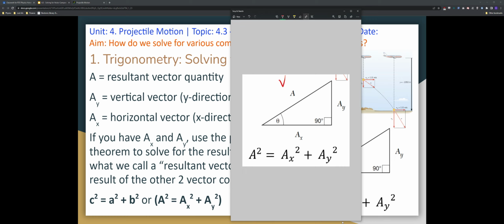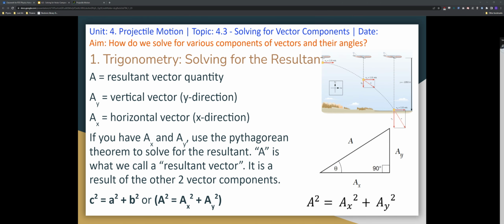AX is going to be the horizontal vector, and AY will be the vertical vector. So this is essentially all your components combined.